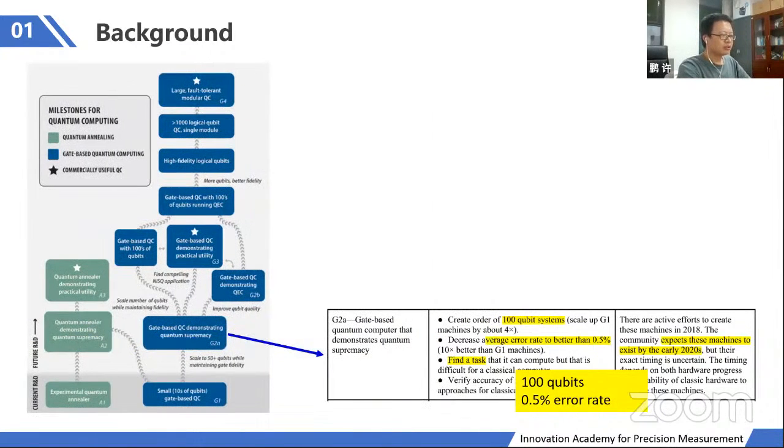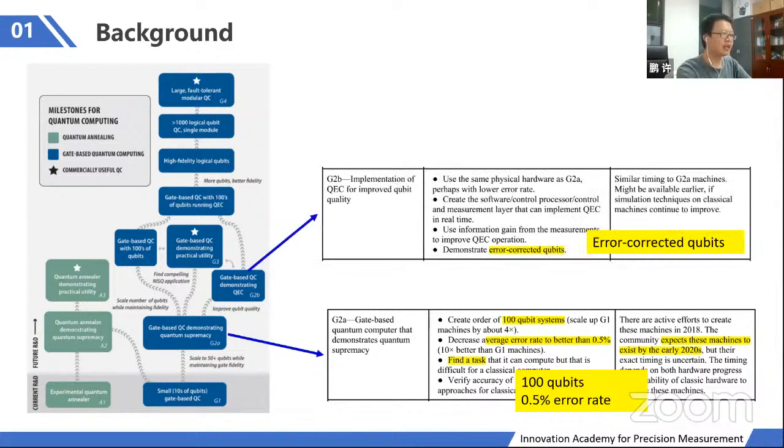In this milestone, they have listed 3 major targets which can be achieved in the near term. The first is a gate-based quantum computer that can demonstrate quantum supremacy, with a target of creating on the order of some 100 qubits and gates, and also decreasing the gate error to better than 0.5%.